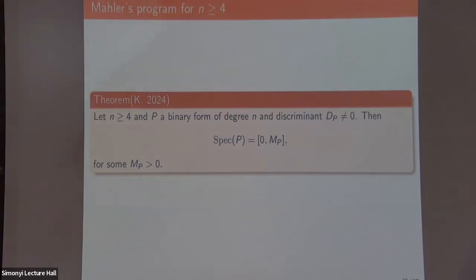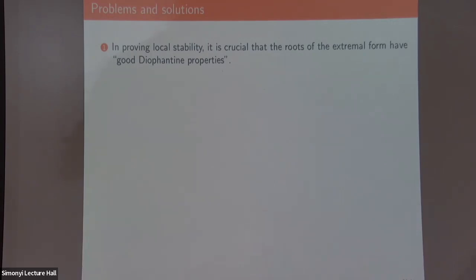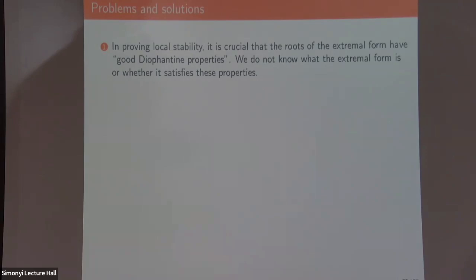And here we know nothing about the extremal lattice. And it was very important that we knew the Davenport properties of algebraic numbers to prove the local stability theorem, where we said that either x and y should be a comma b or much smaller or much larger. This wouldn't work if we didn't know Mordell's forms.